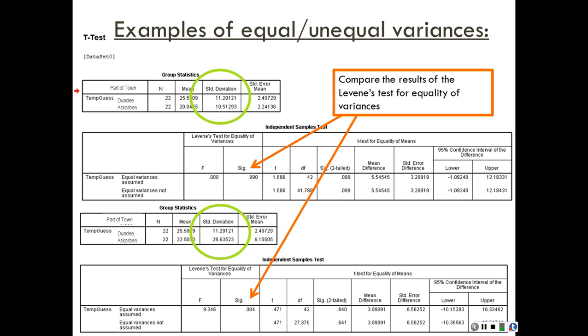So when we look down here at Levene's equality of variances, we see that this test is significant. That is saying that the variances in the groups are significantly different.